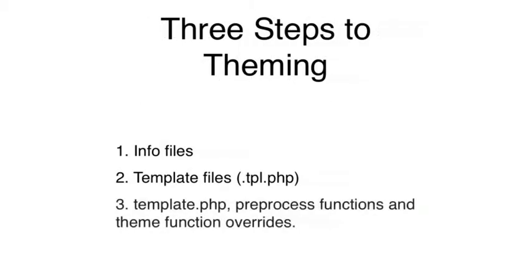Just to recap what we have done in the previous series and what we're going to talk about going forward, there are 3 steps to theming. The first is your .info file. This is where you say, hey, I'm a theme. I have these different kinds of CSS files and JavaScript files. Then there's also the template files.